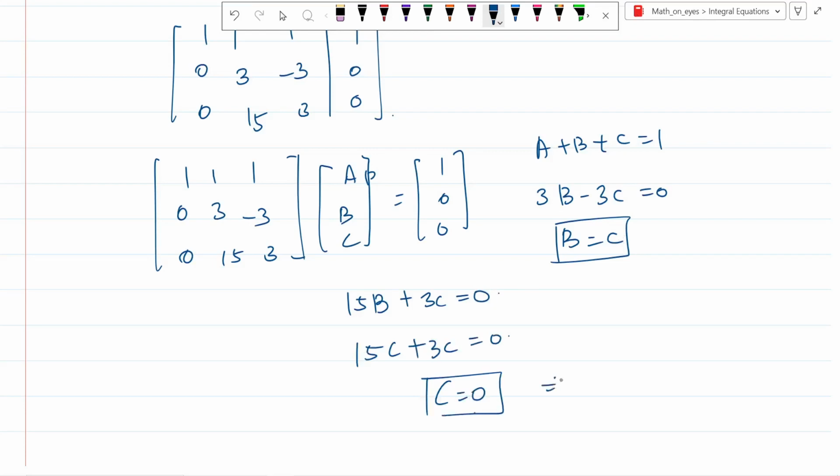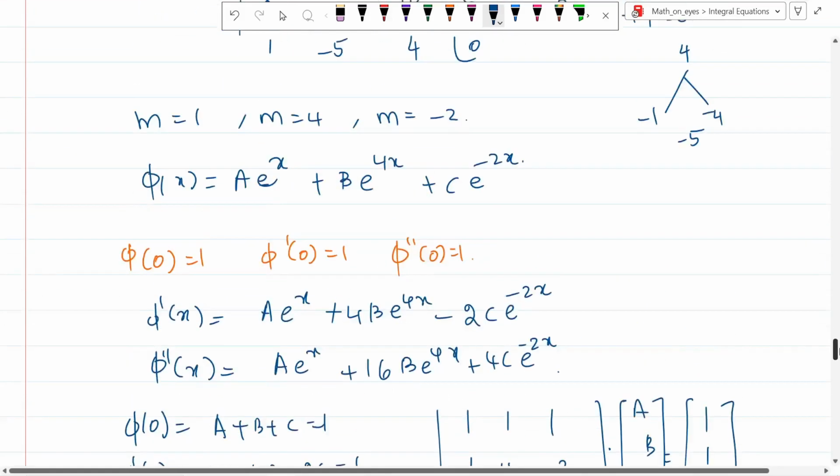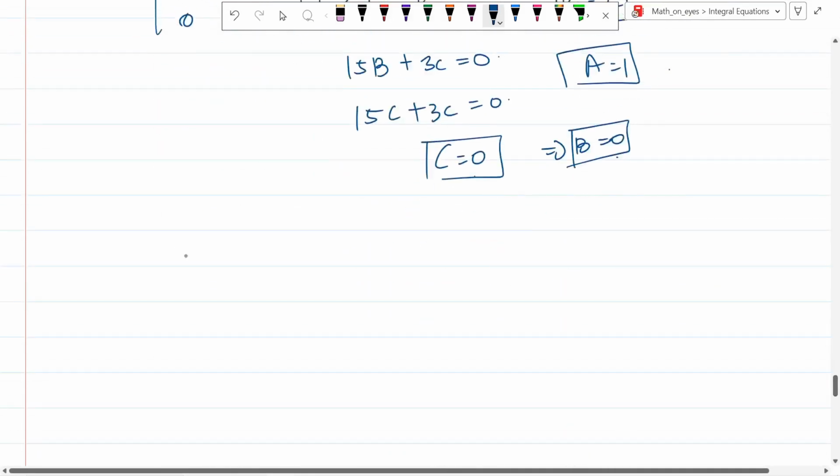C equal to 0 implies B is equal to 0. In the first equation, I get A is equal to 1. So phi of x will be only A equal to 1, only e power x. So I have got phi of x is equal to e to the power x.